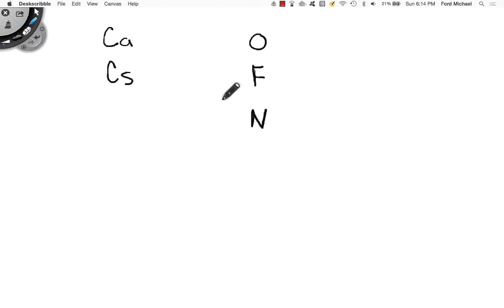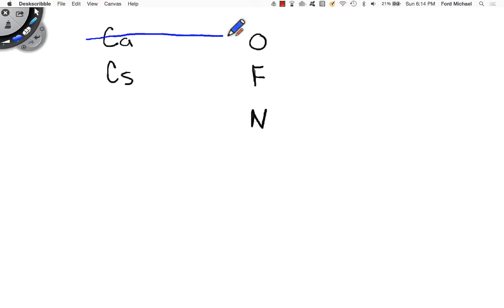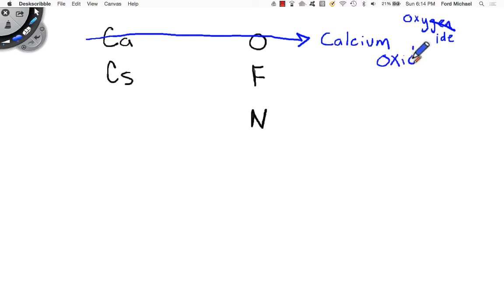Okay, so let's first make this compound. This is the symbol for calcium, so we would say calcium. This is oxygen, so it's not calcium oxygen. We leave off the end, we add in IDE, so we have calcium oxide.